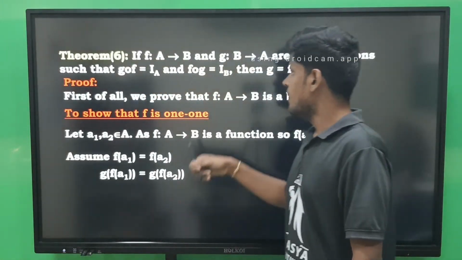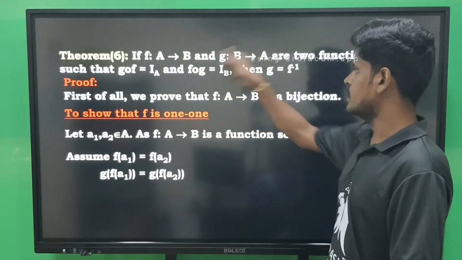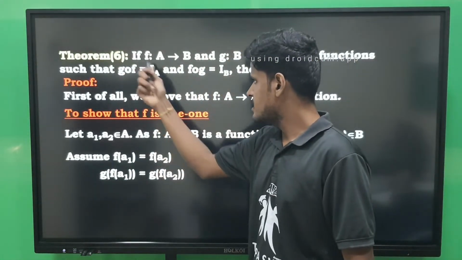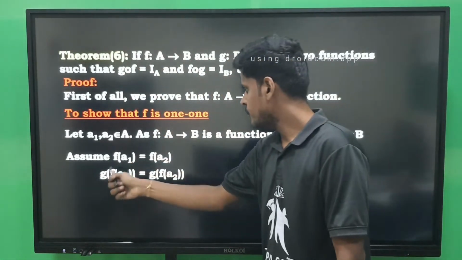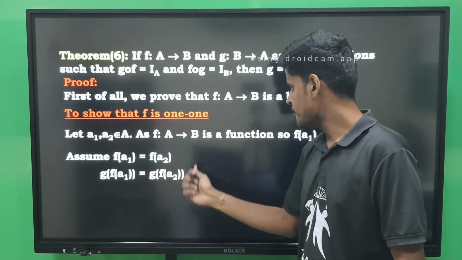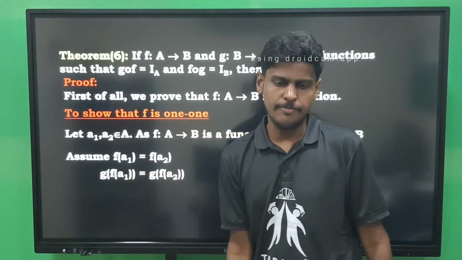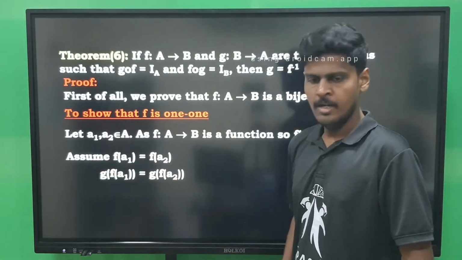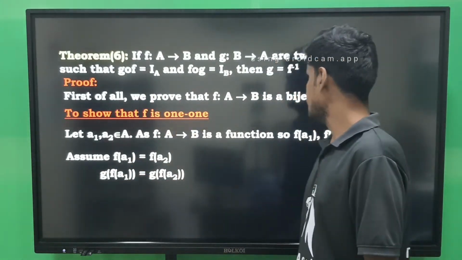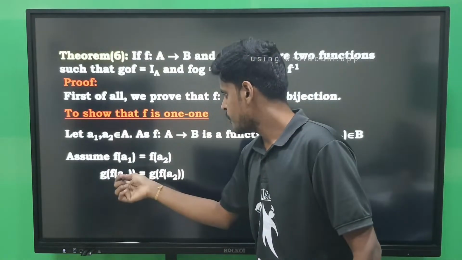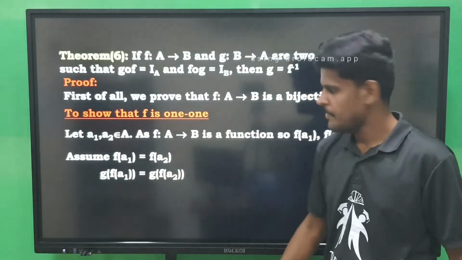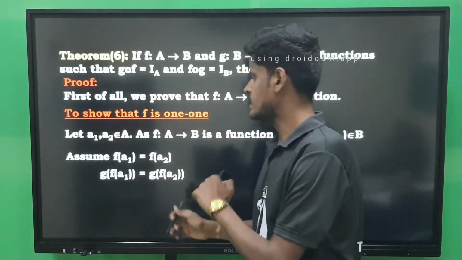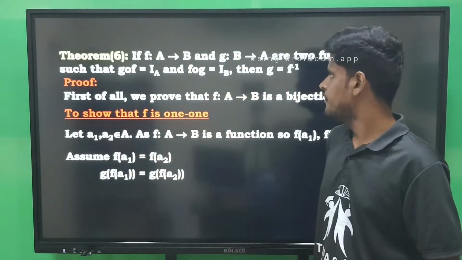Now for proving this, what is given? g and f are two functions, and g of f is identity, that is given. So first we will find g of f. What is g of f of a1? g of f of a2, as f of a1 equal to f of a2. We have assumed this first. That means if these two are equal, g of f is identity is given. That means g of f of a1 is nothing but a1 itself, and g of f of a2 is a2 itself. From this we can say a1 equal to a2.